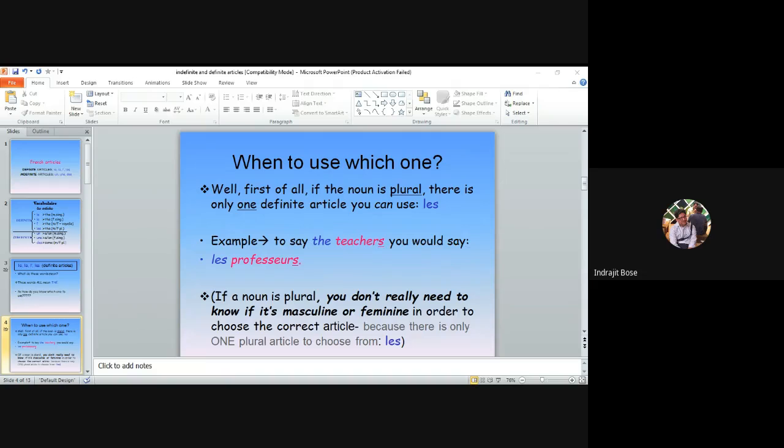And if I have a feminine singular noun like voiture, or car, then I will put la over there. La voiture. Or, for example, before a proper noun like the river Seine, la Seine.